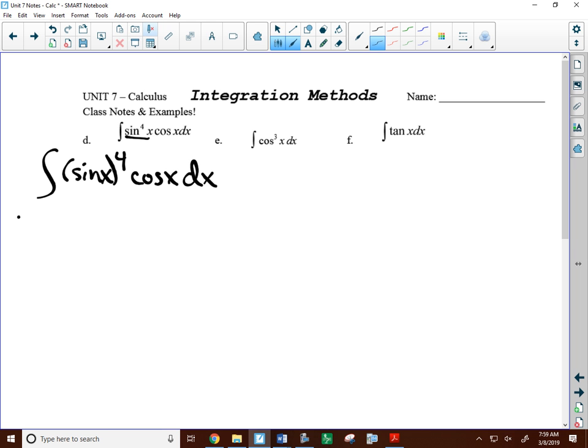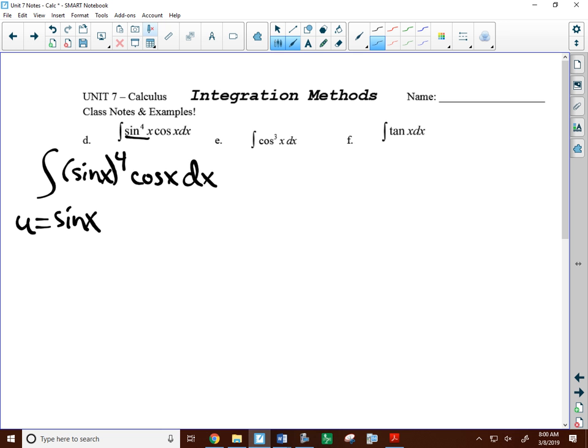So here, let me ask you, what should I say is my u? Again, u is the inside part, if there is an inside, not always. Sine x. Yes, good teamwork.